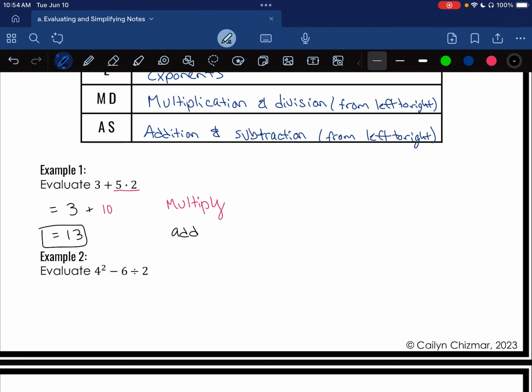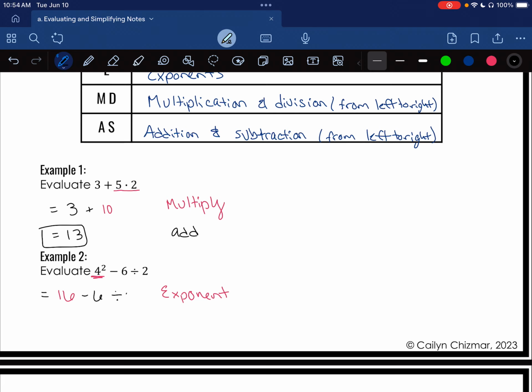Stepping up the complexity a little bit, let's look at example 2. Here we have this exponent, so we're going to deal with that first. We are going to square 4, and so now we have 16. So we have 16 minus 6 divided by 2.